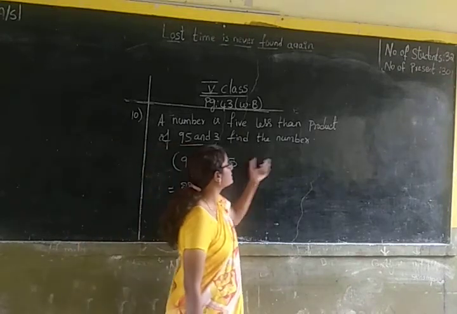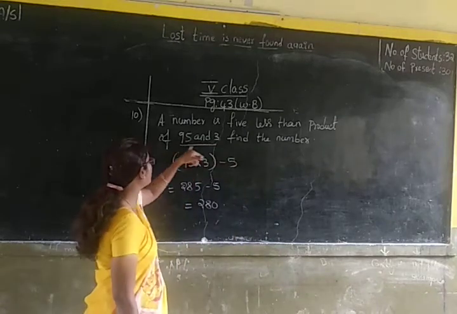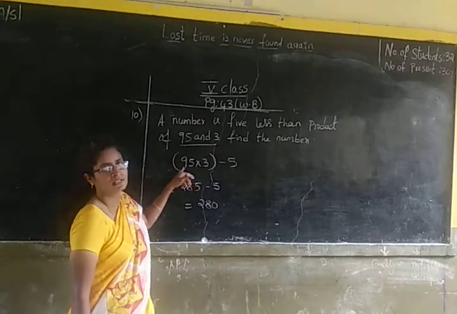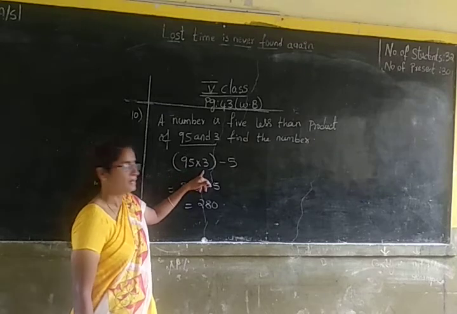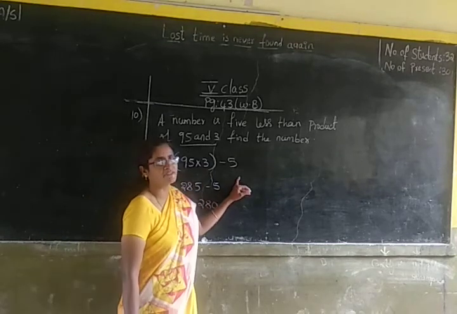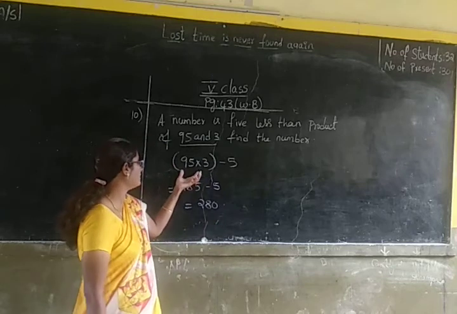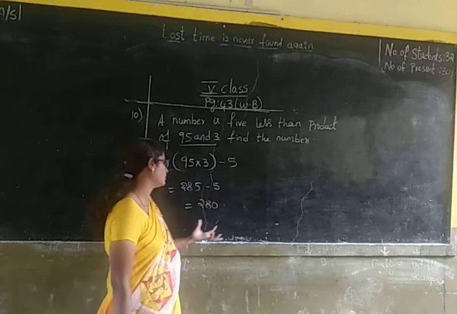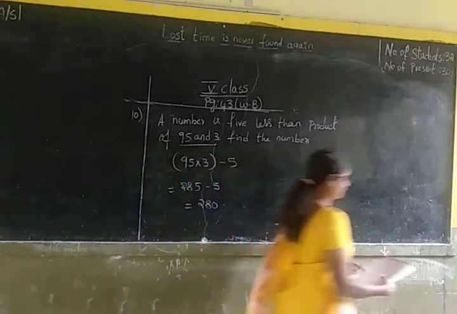Product means you have to do multiplication. The product of 95 and 3 is 285, and by subtracting 5 from it you get 280.